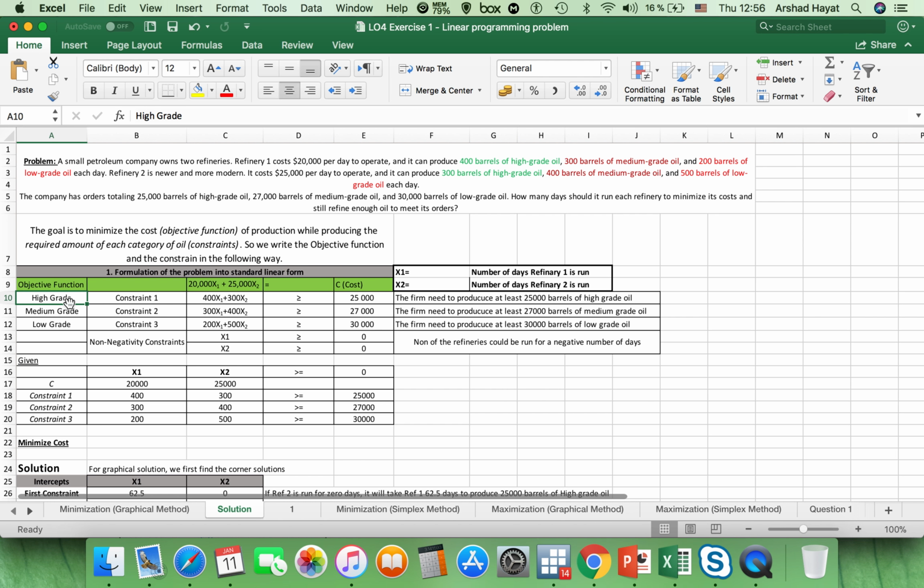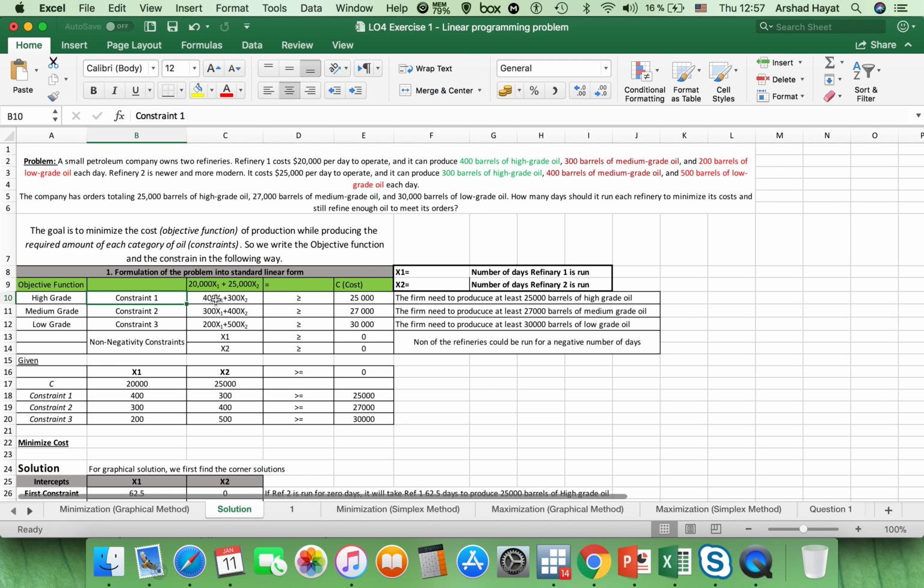The first one is high grade oil. We have a constraint on this. The first constraint says that refinery 1, when it runs for a day, produces 400 barrels of high grade oil. So you see, 400 multiplied by a day, plus refinery 2 produces 300 barrels of high grade oil.